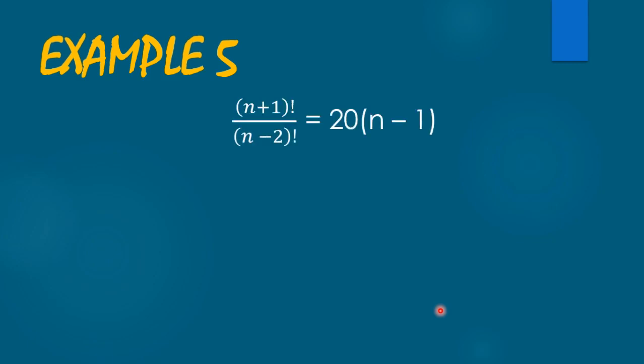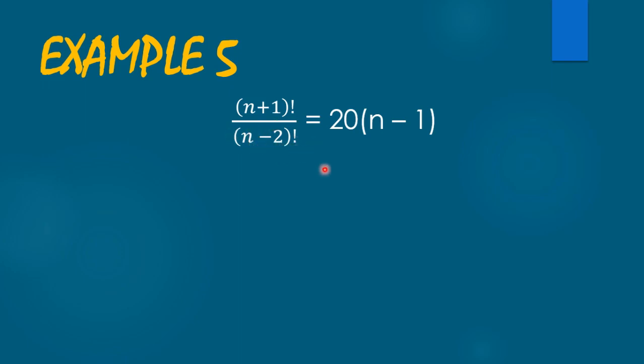Example number 5. So let us find the value of n given the expression. We have n plus 1 factorial over n minus 2 factorial is equal to 20 times n minus 1. So we first change our n plus 1 factorial into an expression having n minus 2 factorial.